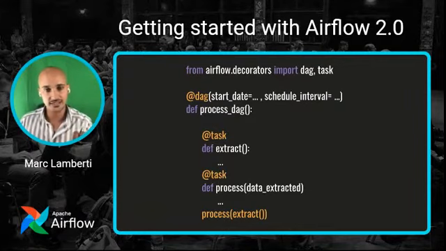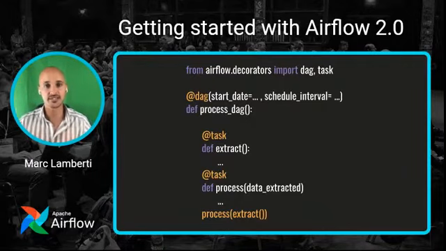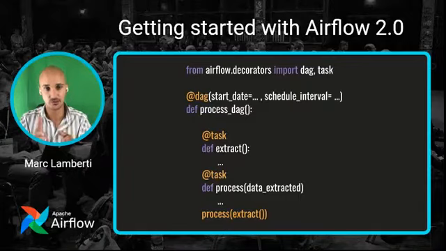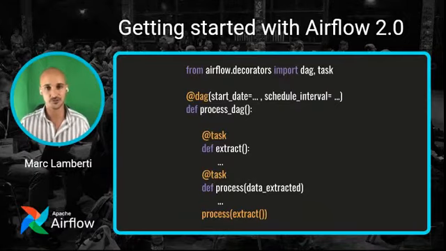Then the task process will automatically take the data produced by extract and process it. You can clearly see the dependency from the functions below, with extract being called first and then process having the result of extract as a parameter of the function process.